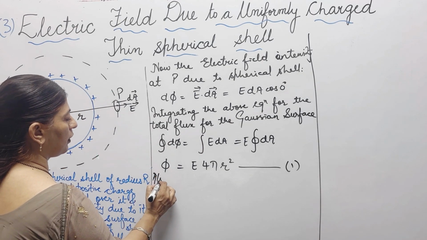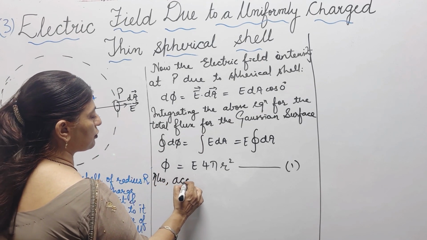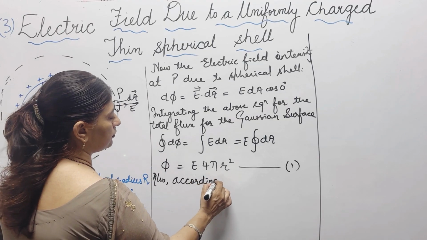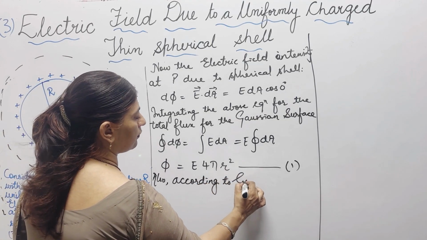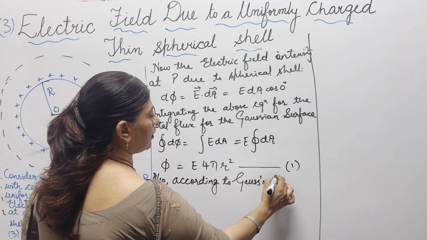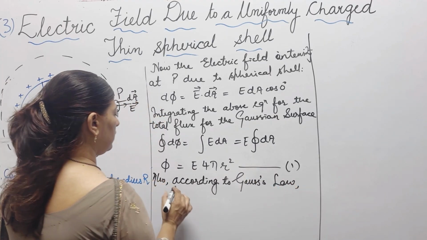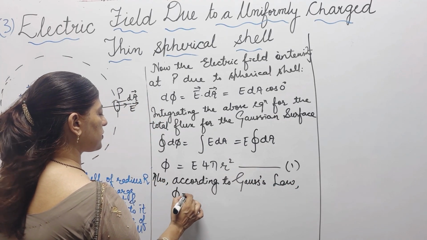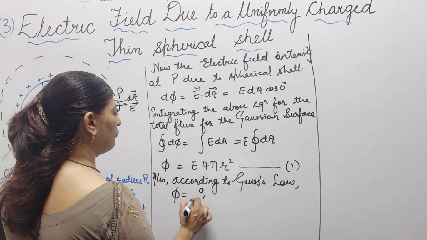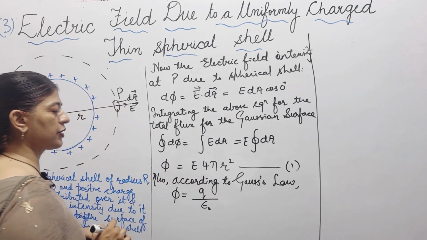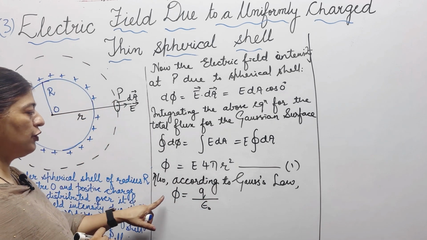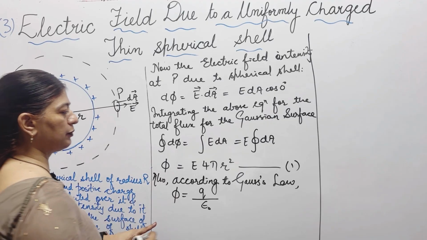Also, according to Gauss law, the electric flux is given by 1 upon epsilon naught times the charge enclosed. So phi is equal to q by epsilon naught.